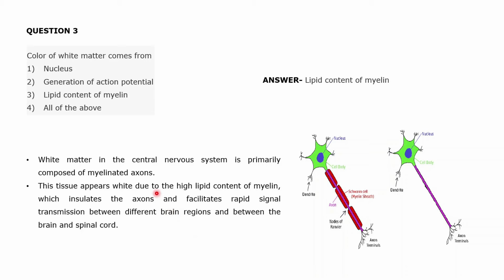Because of the high lipid content of myelin, they appear white, and that's why that portion of the central nervous system, the brain or the spinal cord, is called white matter.